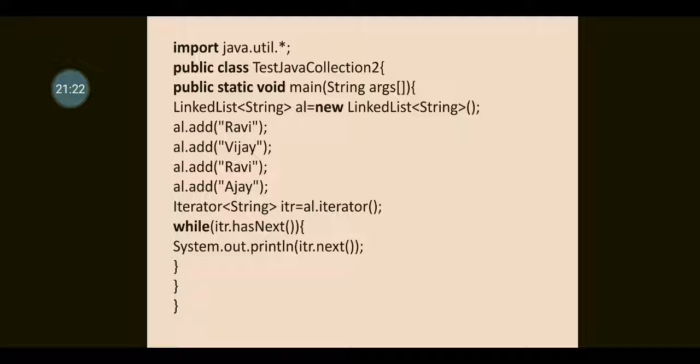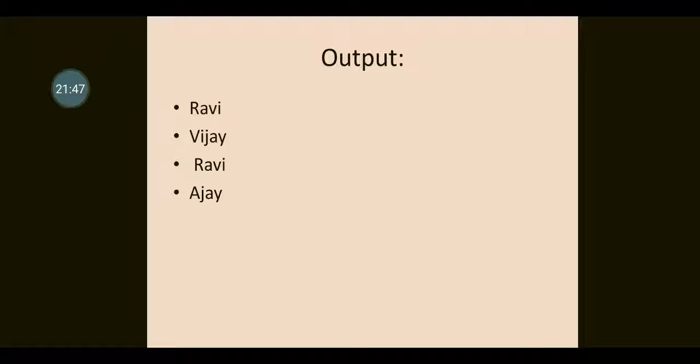From a programming perspective, both LinkedList and ArrayList are the same, but when we come towards the internal processing, ArrayList uses a dynamic array to store the elements, but LinkedList uses a doubly linked list to store the elements. So the LinkedList will be somewhat faster. The output will be the same as this.